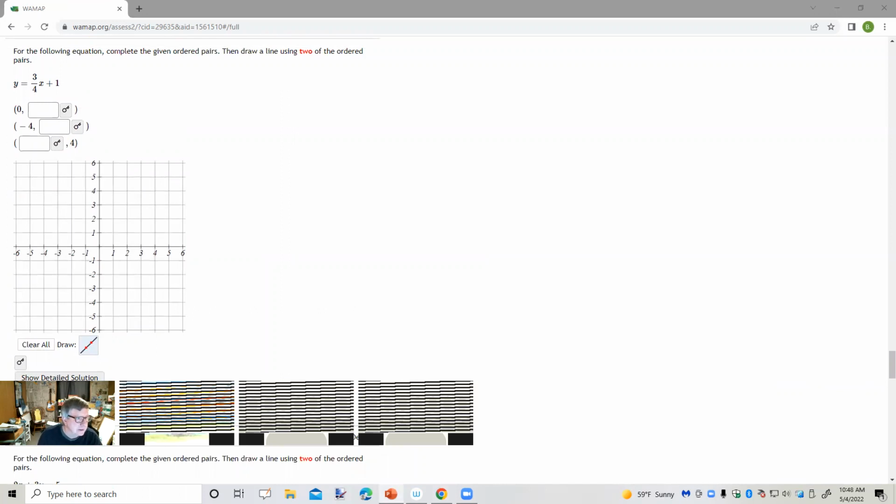All right. So we've got y equals 3/4 x plus 1. Then we've got the ordered pairs 0, something; -4, something; and something, 4. Okay. So now I'm going to switch back to the whiteboard screen.